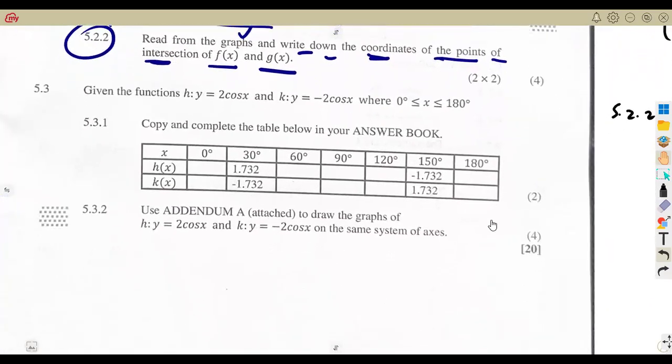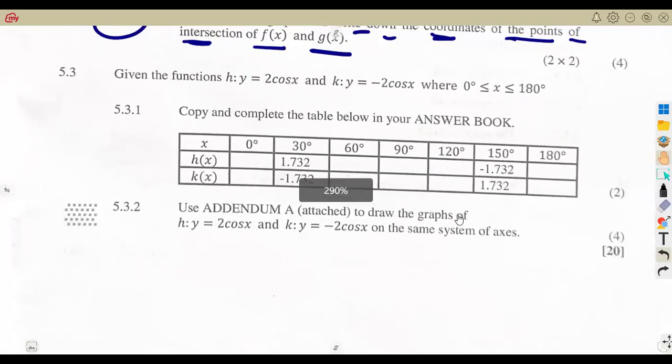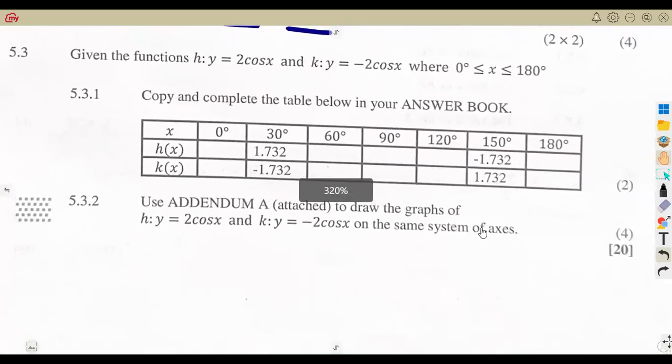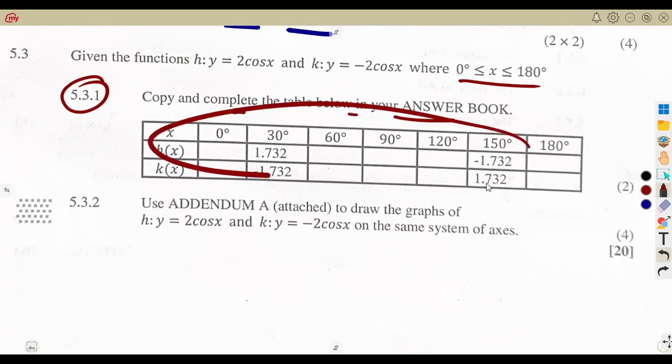Then 5.3, we are given this function h of x and the one for k, which is given from 0 to 180. 5.3.1, copy and complete the table below in your answer book. So you're going to copy this, then complete. You're going to start with h of x. Remember, h of x is the graph of what? 2 cos.